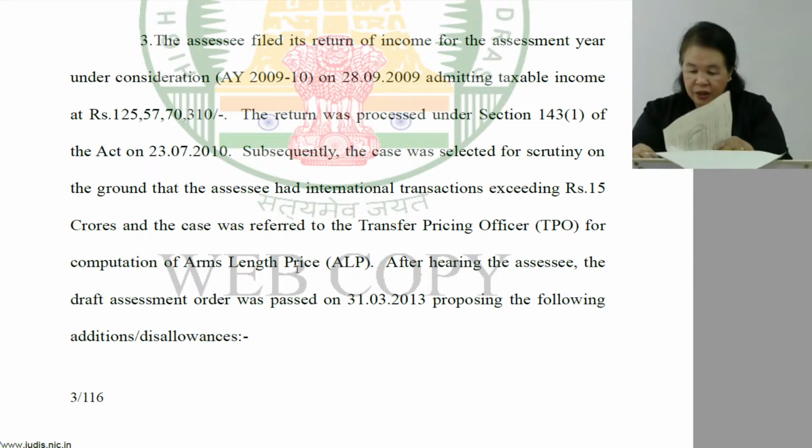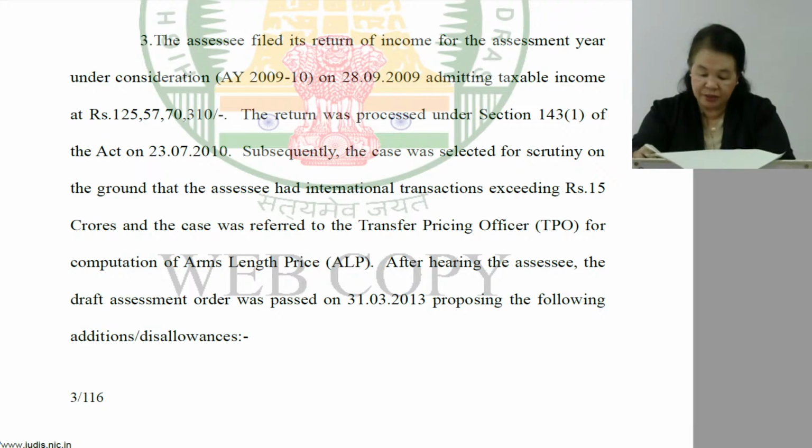So, yun po yung assessment. The return was processed under Section 143(1) of the Act. Subsequently, the case was selected for scrutiny on the ground that the assessee had international transactions exceeding 15 crores. So may threshold sila.